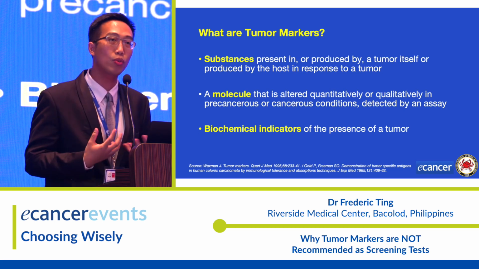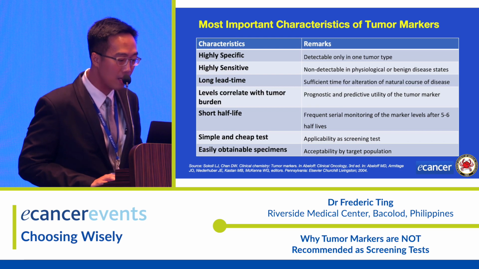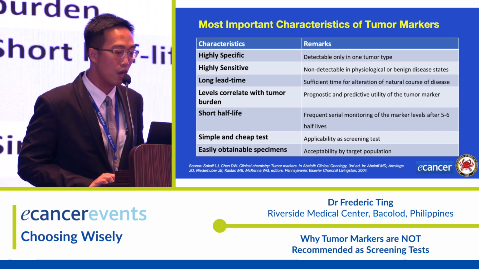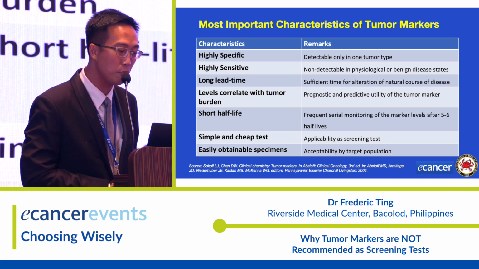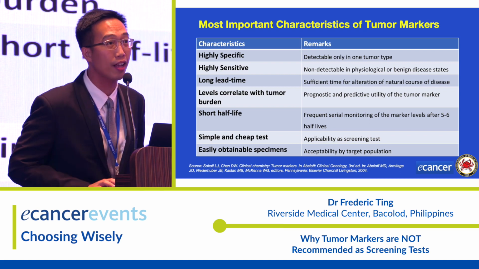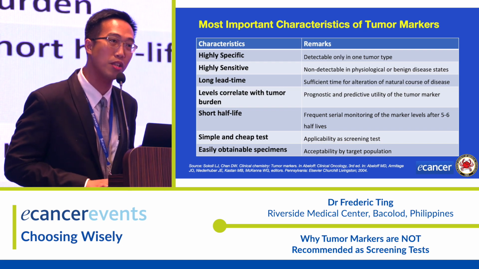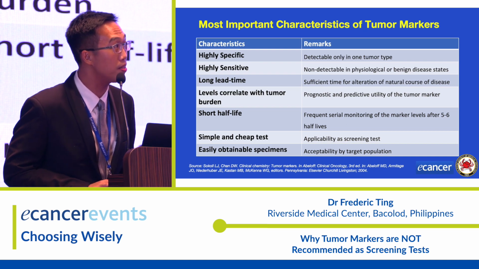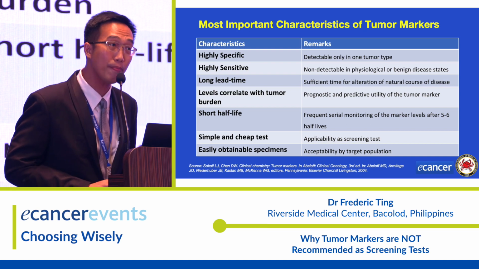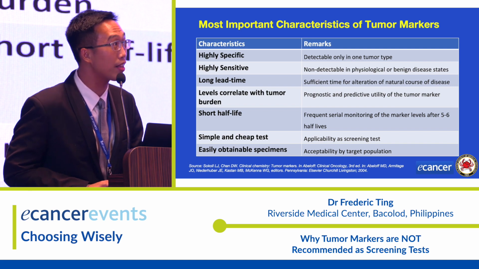Now, when we talk about tumor markers, we talk about their characteristics. These are the ideal characteristics of what a tumor marker should be. It should be highly specific, meaning it is able to detect only one tumor type. It should be highly sensitive, which means it should not be detectable in patients without malignancies. It should have a long lead time so that it allows interventions to prevent cancer.